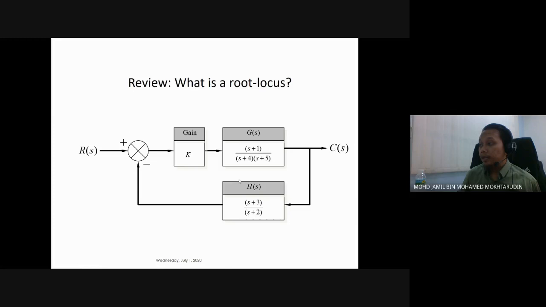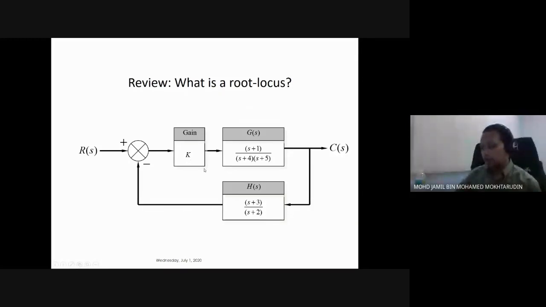And we have learned in the Routh-Hurwitz criterion that we can determine the number of poles and stability by using the table method. We also know how to find the range of gain K for stability of the system.